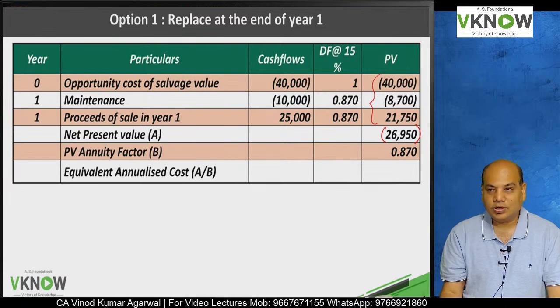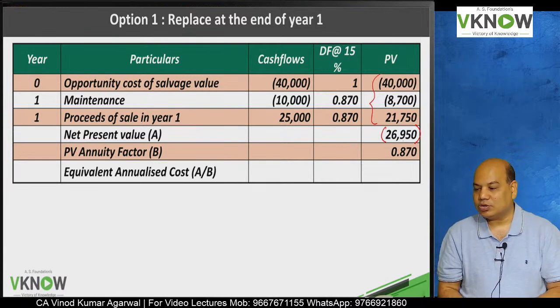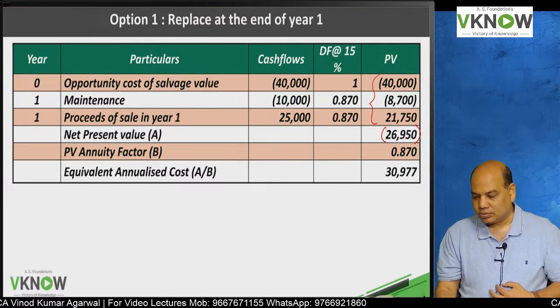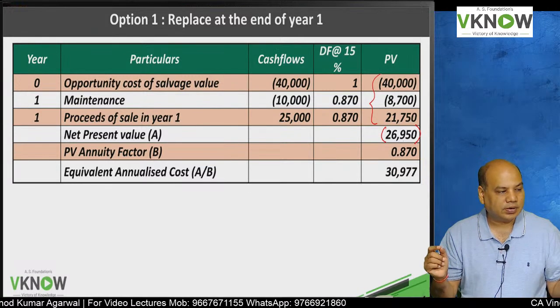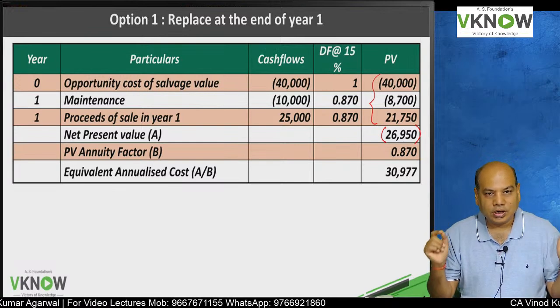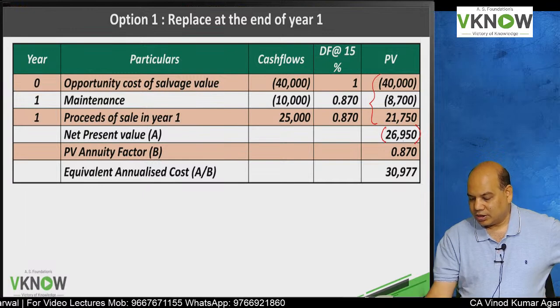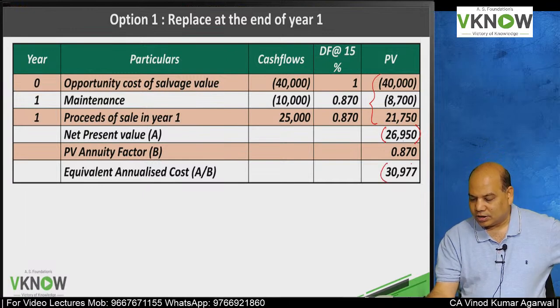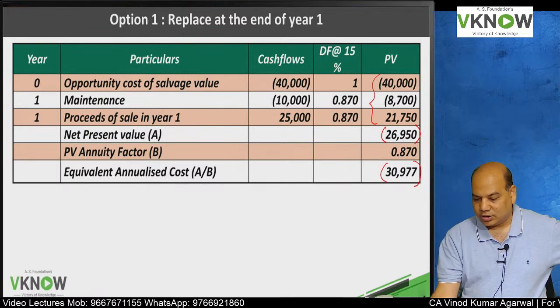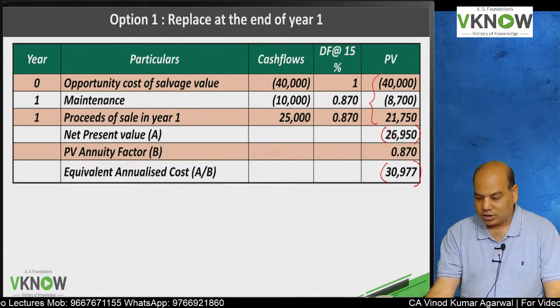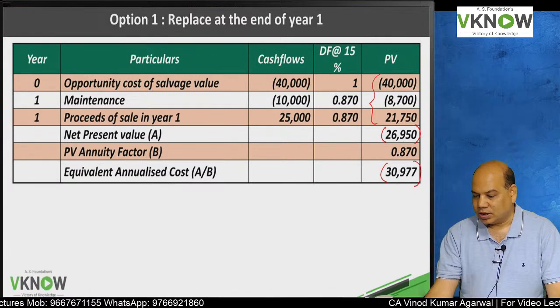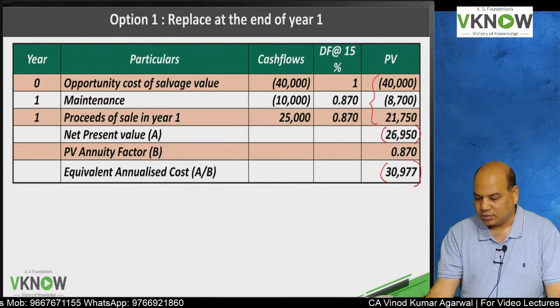Therefore, equivalent annualized cost, come on student, equivalent annualized cost 30,977. In bracket write, this is higher than 28,600. Is it right?